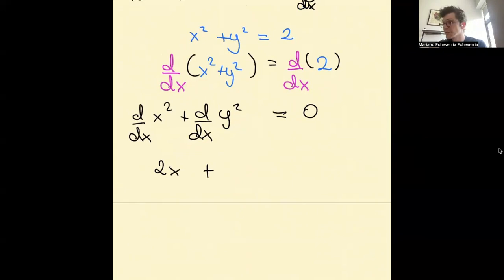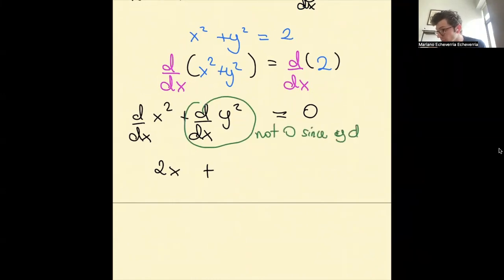So let me write that explicitly before going on. This is not 0 since y does depend on x. We are just choosing not to find that formula explicitly. Yeah, that's a good question.